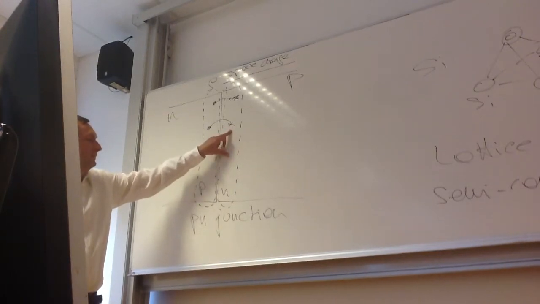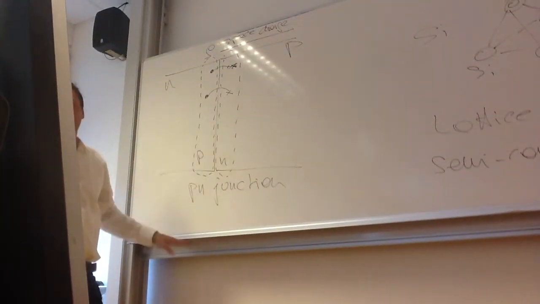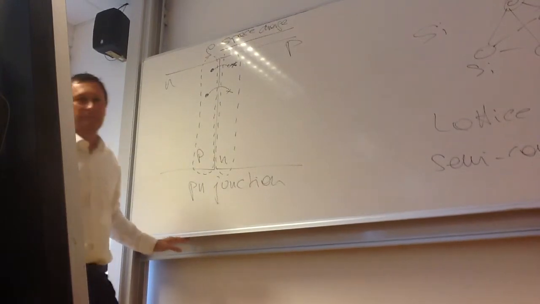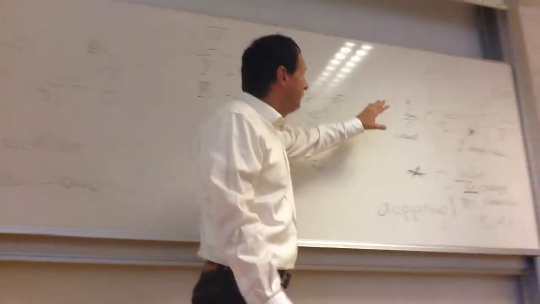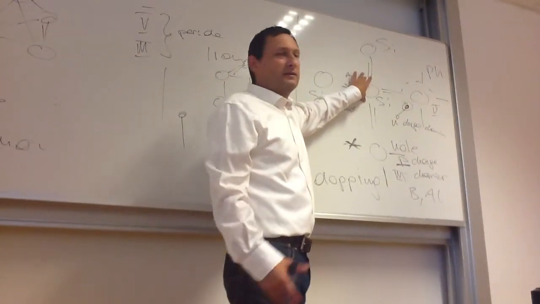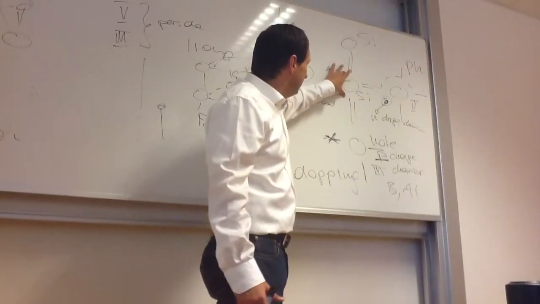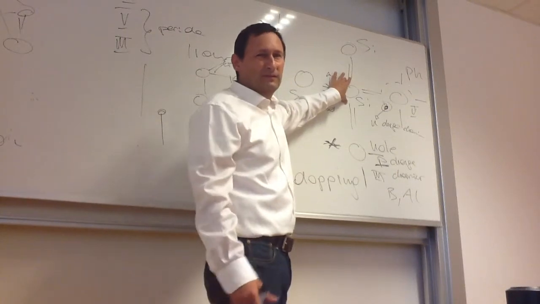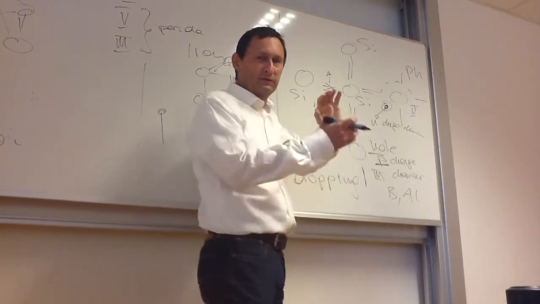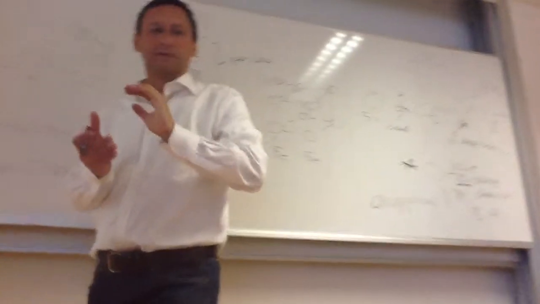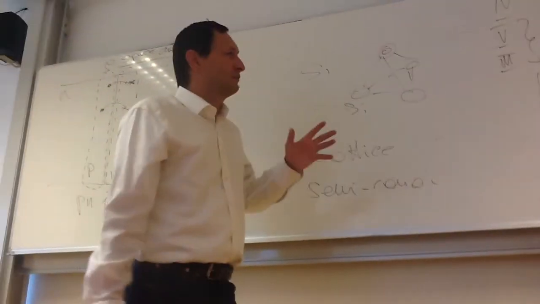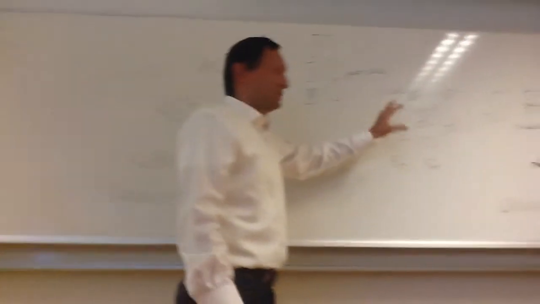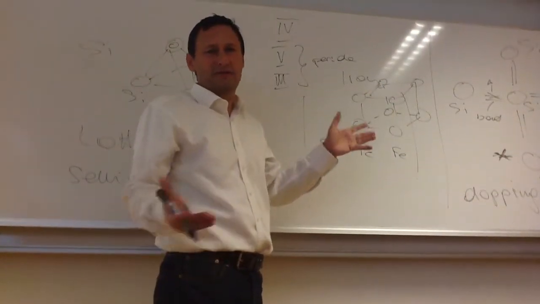But why don't the protons move? The protons never move, because the movement of the protons would mean that the whole atom has to move, because the protons are in the core of the atom. And this would mean that the whole lattice structure must be changed, and that's not possible.